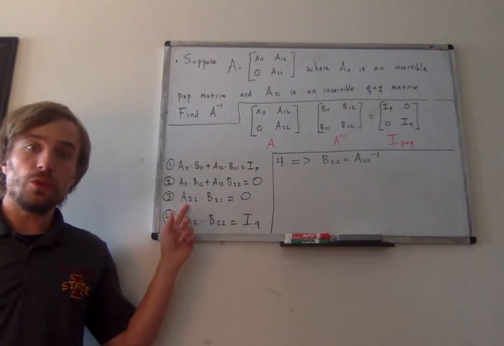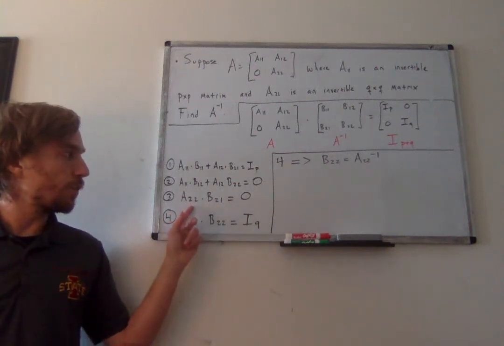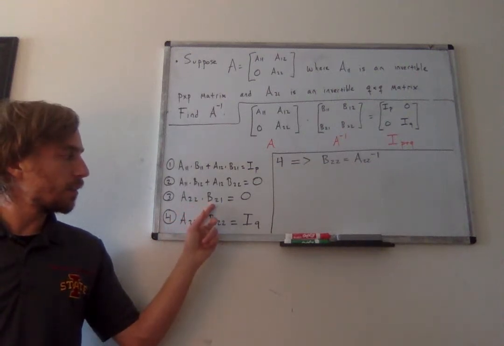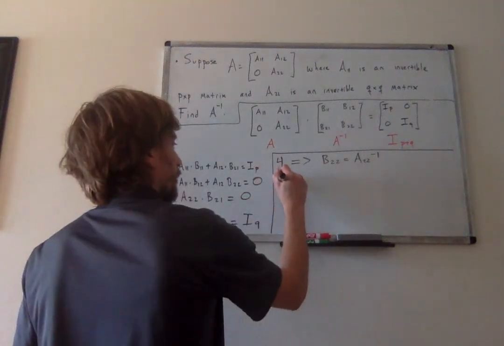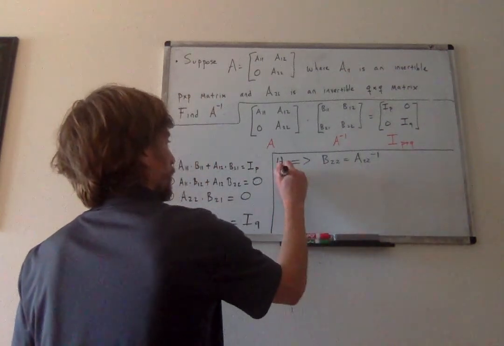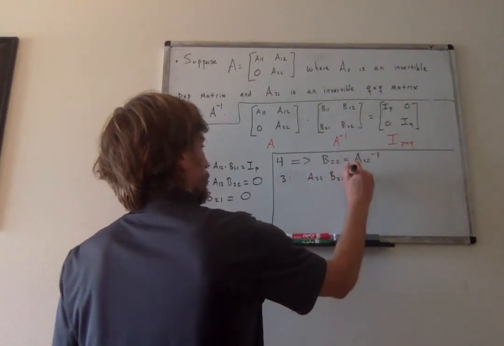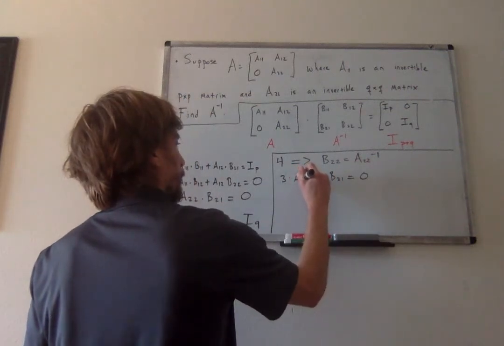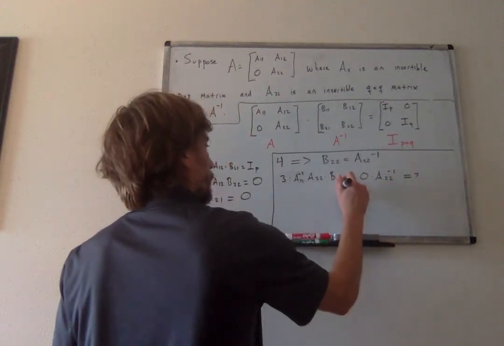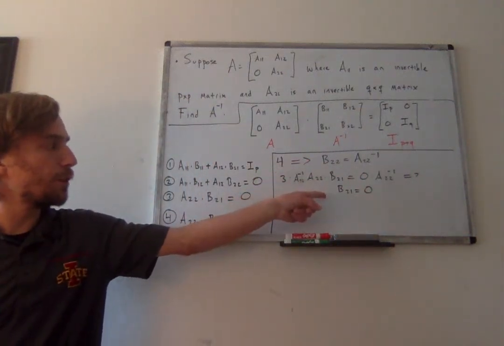Notice since A22 is invertible, I can actually multiply both sides of this equation by A22 inverse, and then 3 implies that B21 has to equal 0. So B22 is equal to A22 inverse, B21 is equal to 0.